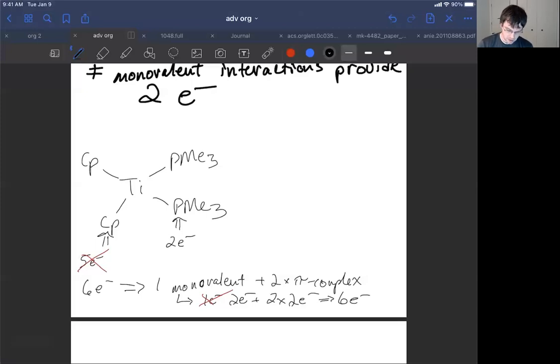So the ligand electrons went from 14 electrons to 16 electrons. Our electron count from ligands is now 16.